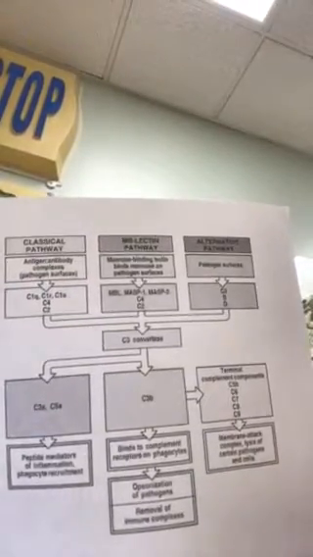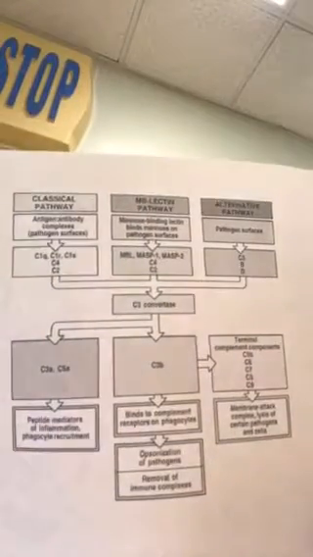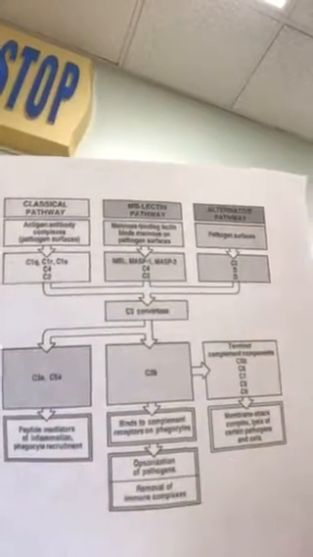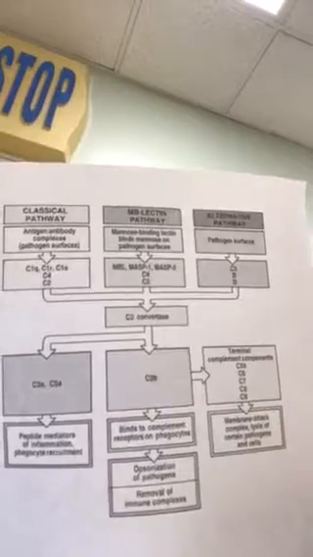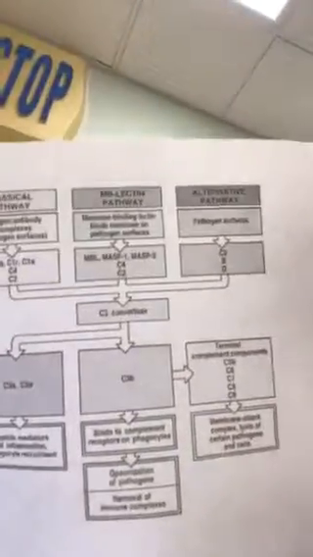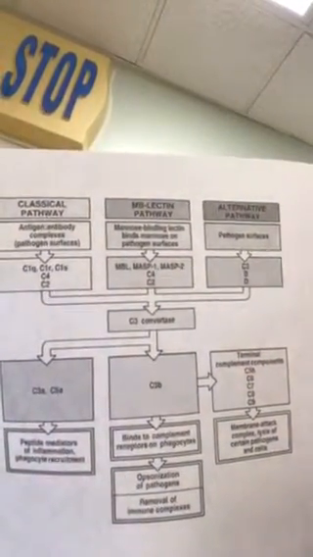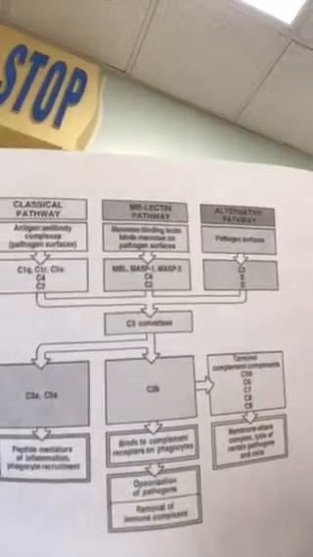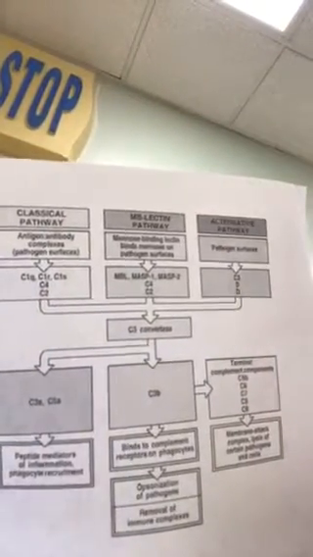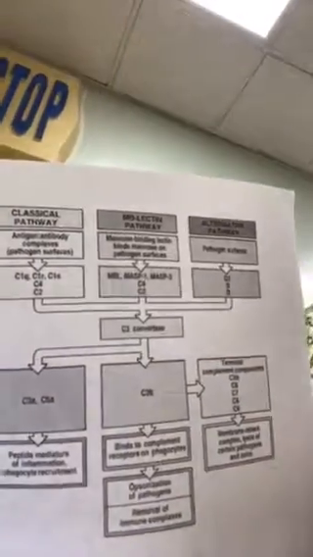We have MBL, MASP1, MASP2, C4 and C2, and then the alternative, you have bind pathogen surfaces, and C3, B, and D, and then that C3 convertase, which I mentioned. Then the product of that is C3a and C5a, and then C3b right there in the middle.